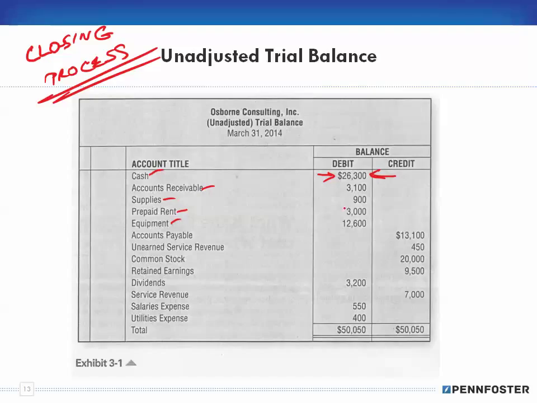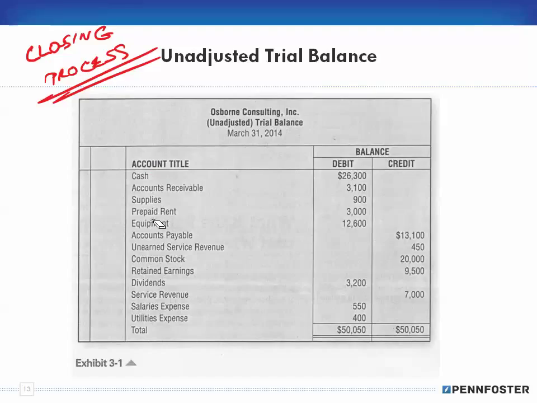But what if it isn't? What if that balance happens to be 25,780? Well, it's not the same, and entries have to be made to make sure that it is what it should be, which would be the 25,780. So that's where we're at in the process.